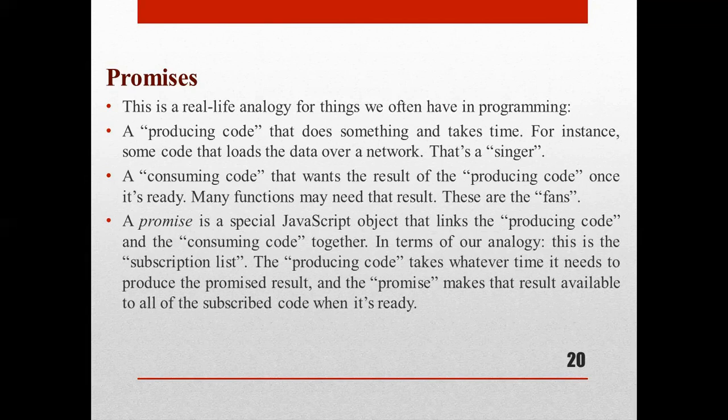The producing code takes whatever time it needs to produce the promised result, and the promise makes that result available to all of the subscribed code when it is ready. That is what a promise does.